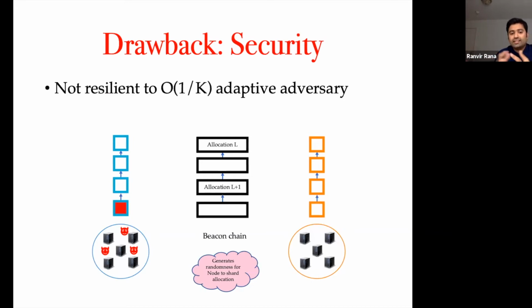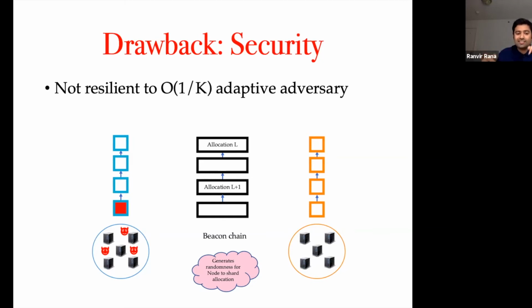Now, the solution to that, typically, is adaptive: you randomly reallocate validators frequently enough that the adaptive adversary doesn't have enough time.